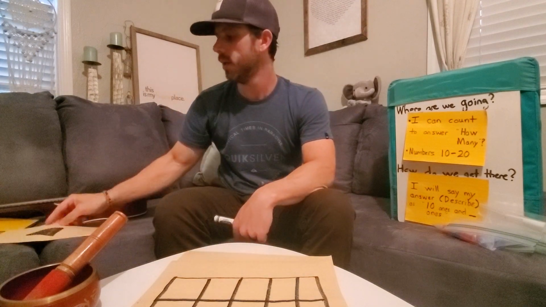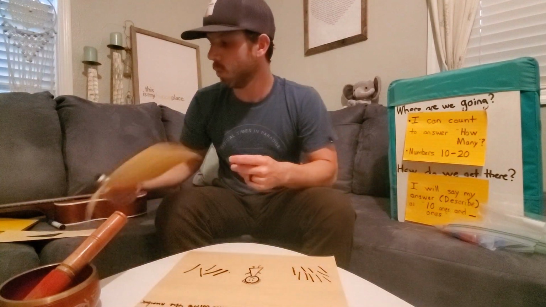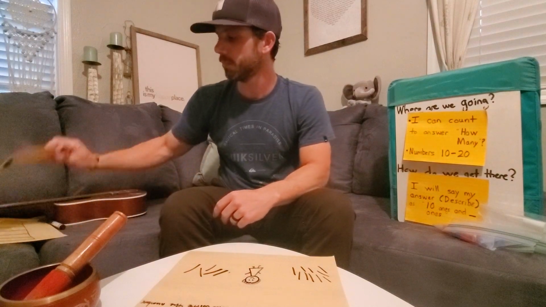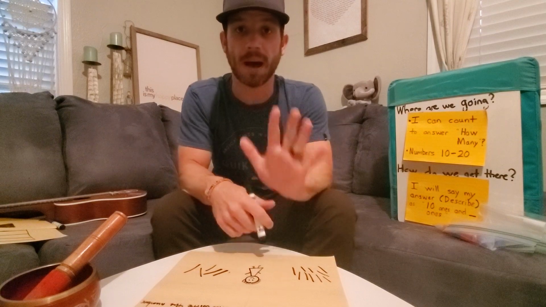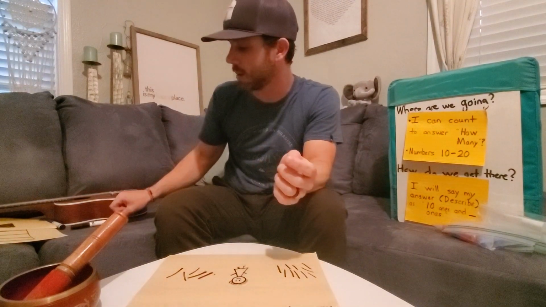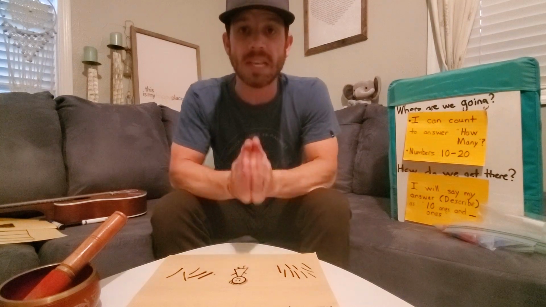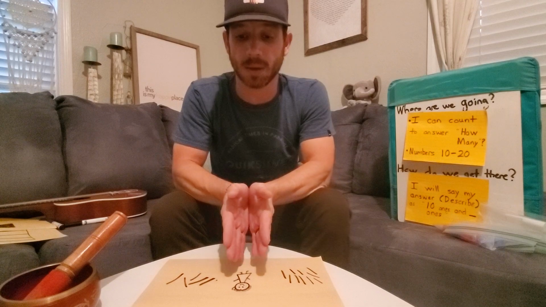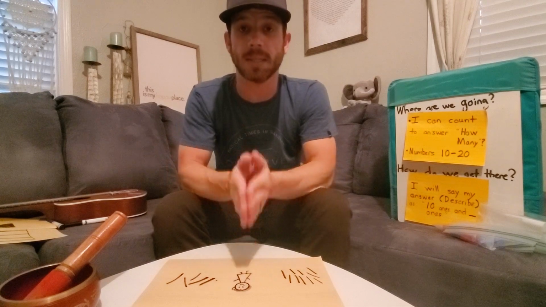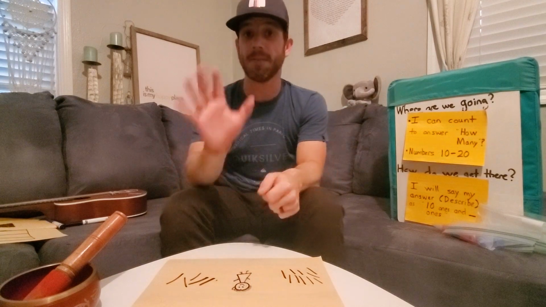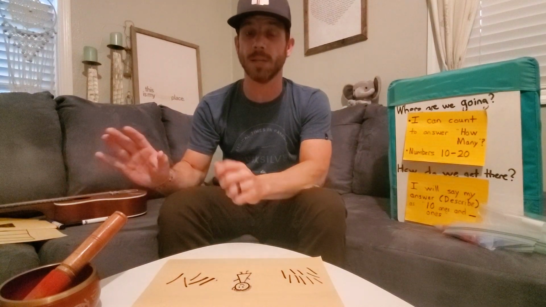All right. Now that you've got your 10 frame made, we're going to look at the story problem for Eureka Math Lesson 5.2, okay? Our story problem today, or our application problem, is about a friend named Lisa. Lisa counted some sticks into a pile of 10, and then she counted 5 other sticks into a pile.